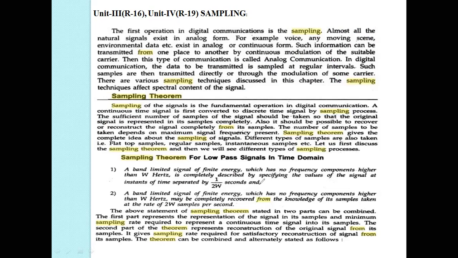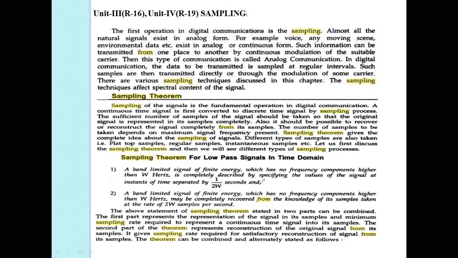The second point says that a band limited signal of finite energy which has no frequency components higher than omega hertz may be completely recovered from the knowledge of its samples taken at the rate of 2 omega samples per second.